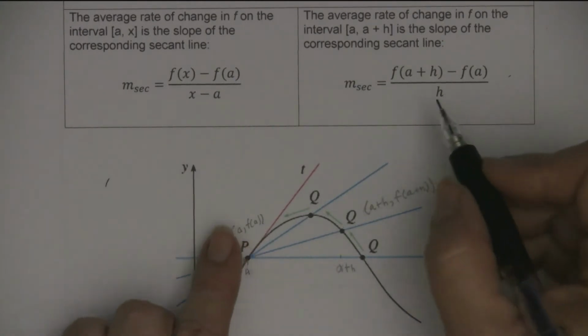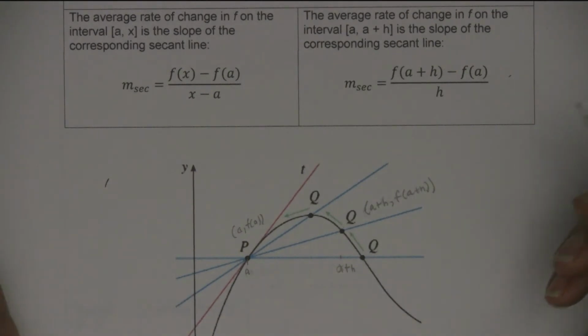So that's different notation for exactly the slope of the same line, and so they're both good.